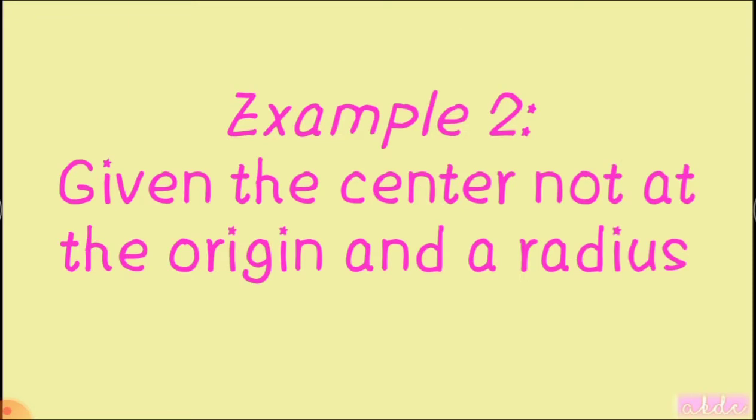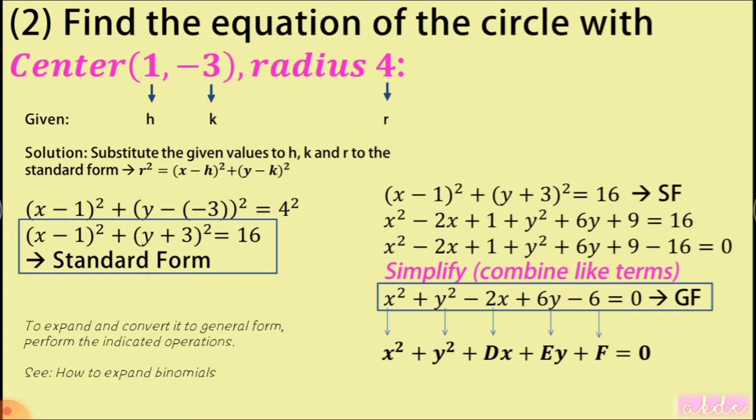Example number 2 is if the given center is not at the origin, and a radius. So number 2, find the equation of the circle with center at 1, negative 3 and radius 4. This time, the center is not at the origin. It is at 1, negative 3, wherein h is 1 and k is negative 3, and our radius is 4.